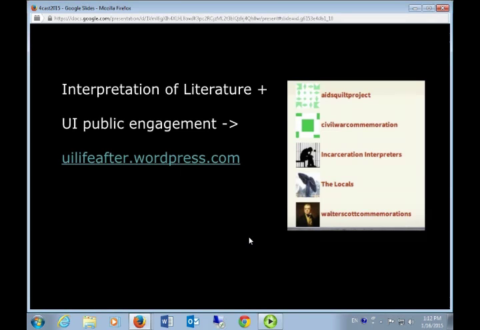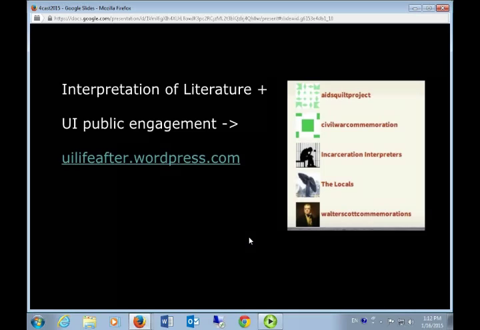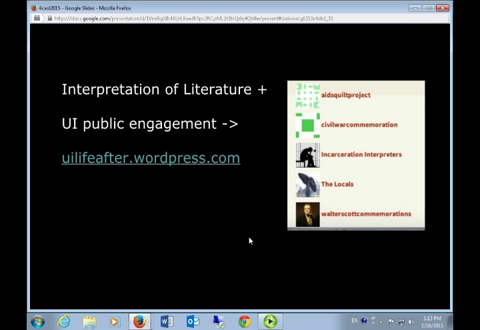I will be highlighting this website, which my students spent all last semester working on, uilifeafter.wordpress.com, using WordPress.com's public and free templates and platforms. I also have developed similar projects in the past with the Derek Project, which is at derekprojects.wordpress.com if you want to go back and look at that.